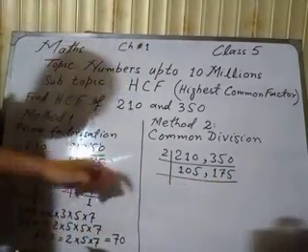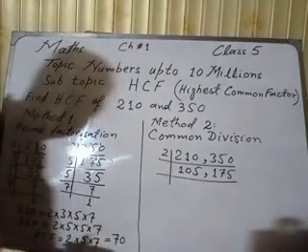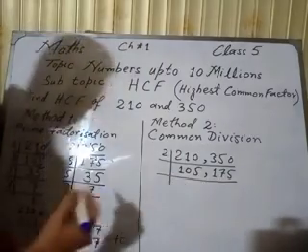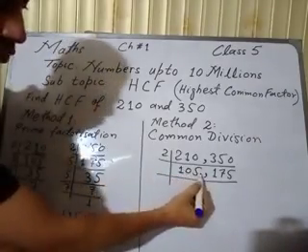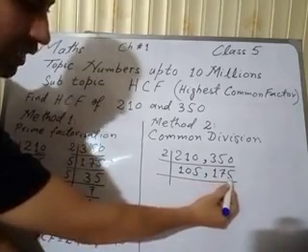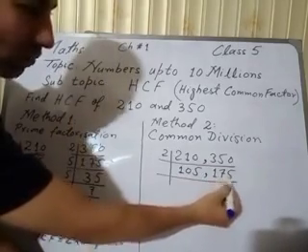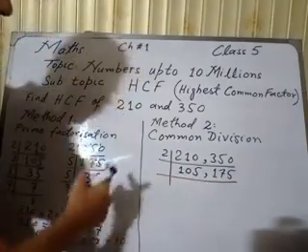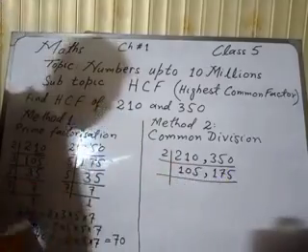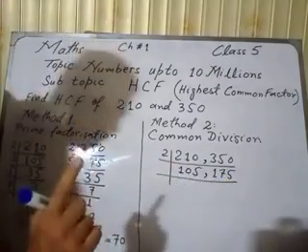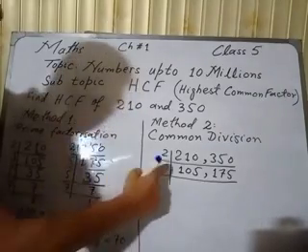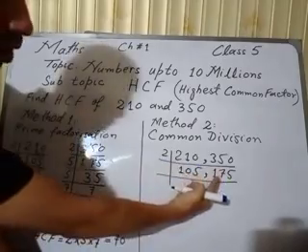Now any number which can divide both numbers: 3 can divide 105, but 7 plus 1 is 8, plus 5 is 13, so 3 cannot divide 175. For common division, all the numbers must be divisible by the same number. Therefore, we cannot divide by 3, because 3 can divide this number but not this number.